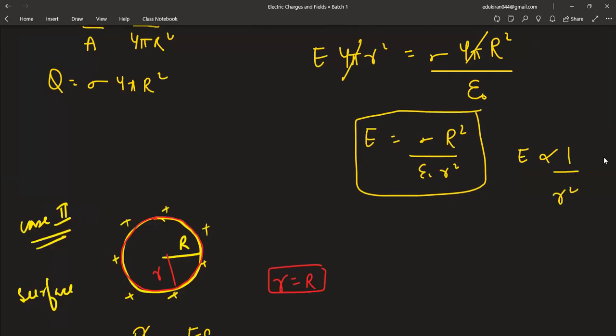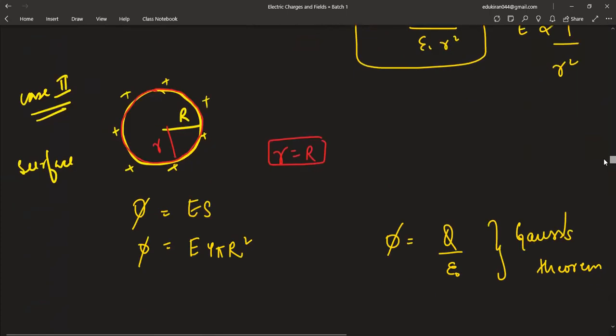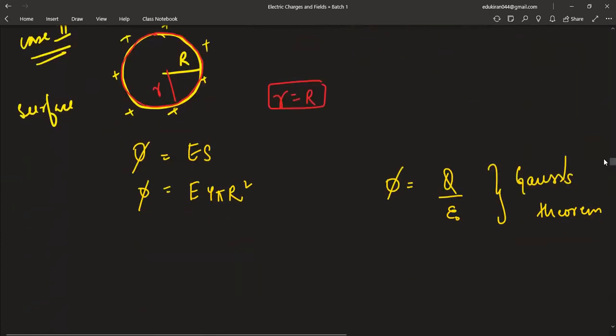Now the second case is exactly on the surface. Now look, the calculations are easier in the second case. Why? Because the radius of the Gaussian surface and the radius of the sphere are both equal. The Gaussian surface is also here because we are considering a point on the surface, and the radius of the sphere is also here.